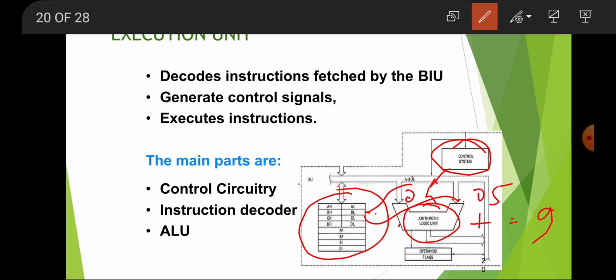Now where will this 9 go? Will it be floating anywhere on the data bus? No, it will again be stored into BL. So the result is stored into BL, not fetched onto the data bus. When you look at BL again, you will find the result of that particular instruction.